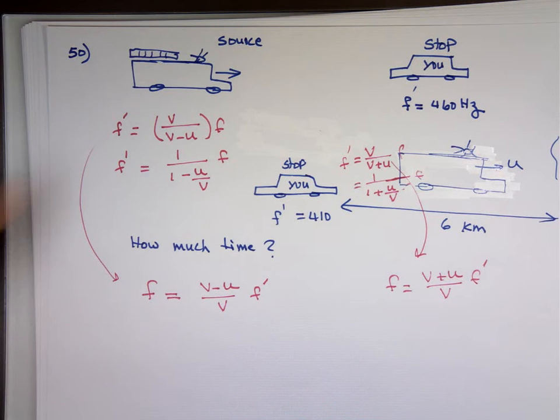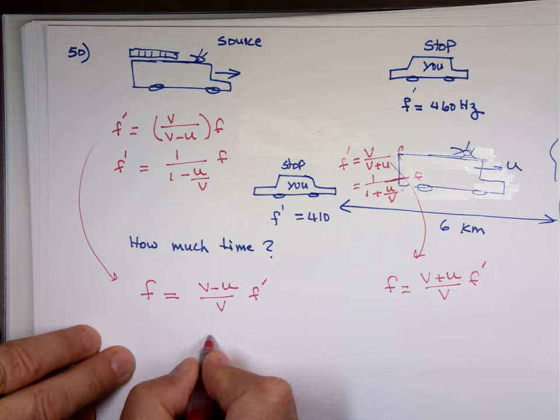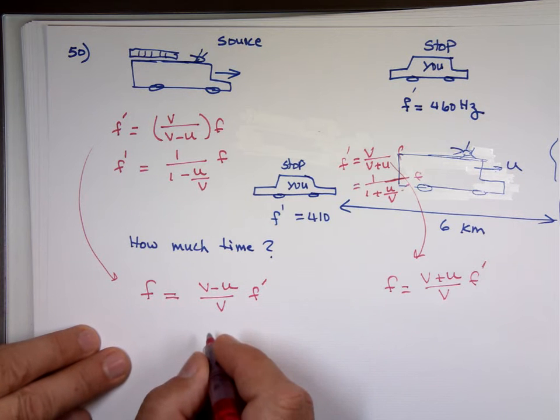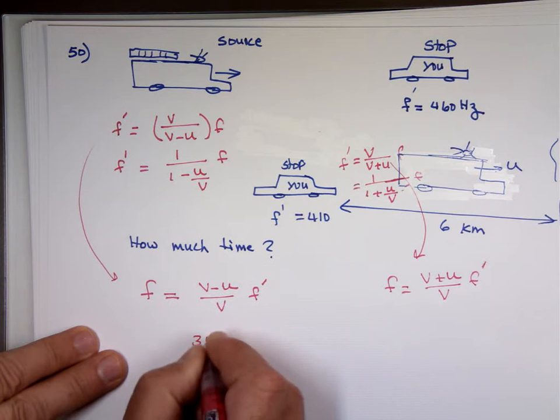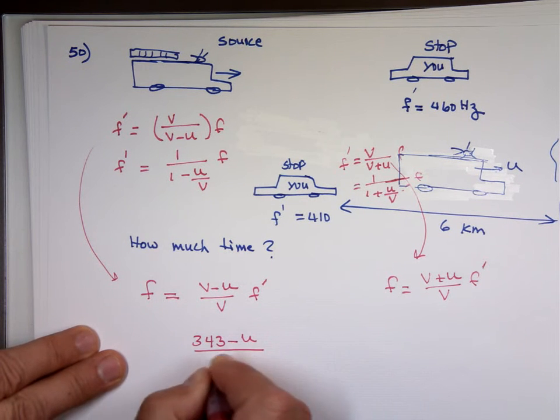V is the speed of sound, which is what? Is it 343? Yeah. So 343 minus U over 343 times the first frequency.